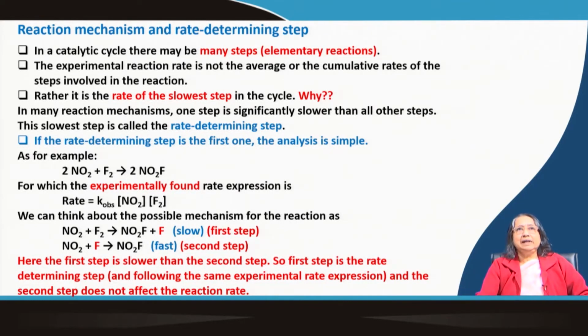Now, the experimental reaction rate is not the average, or the cumulative, of the rates of the steps involved in the reaction. The rate of the overall reaction will reflect one elementary step. Rather, it is the rate of the slowest step, that I told you in the previous lecture. The slowest step is very important in the cycle.